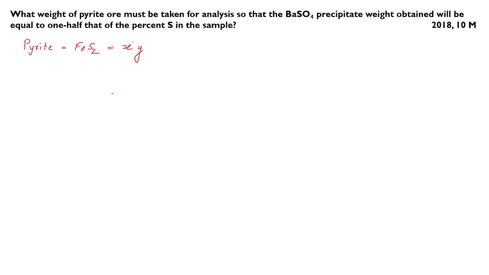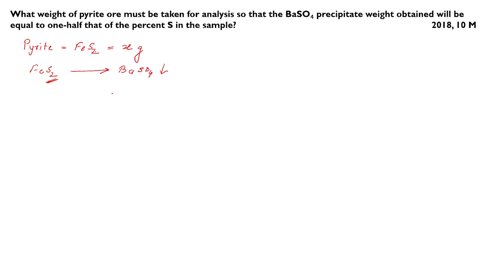Let's say it's X grams, taken so that, whatever reaction they are following, after the reaction the sulfur in it gives you BaSO₄. The hint given is that the BaSO₄ precipitate obtained will be equal to 1/2 the percentage of sulfur.